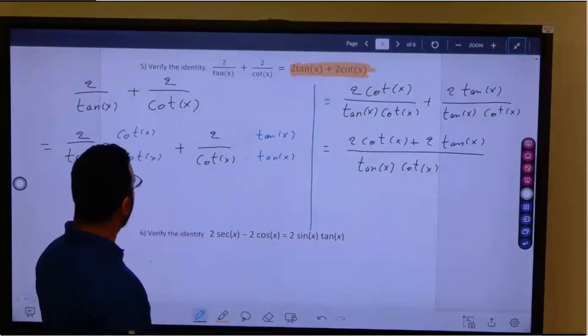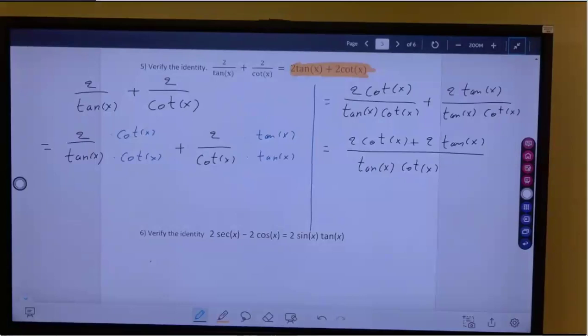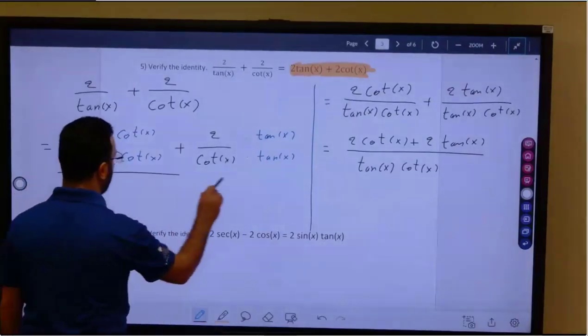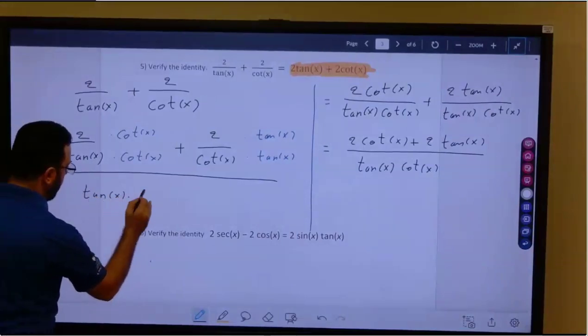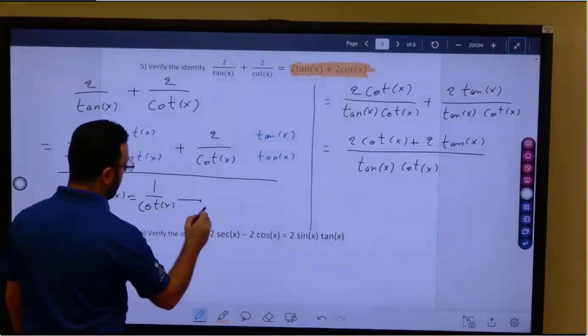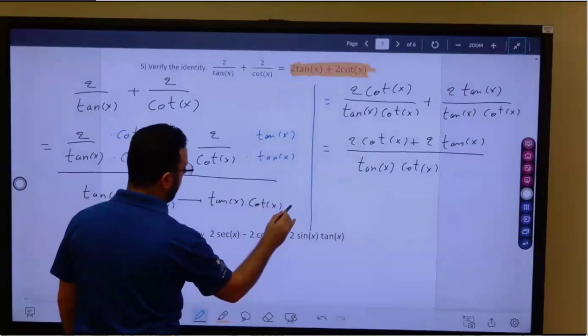If you go back to example 2, we already proved that, and we already know that tangent x is the reciprocal of 1 over cotangent. And we proved that tangent x times cotangent x is 1.